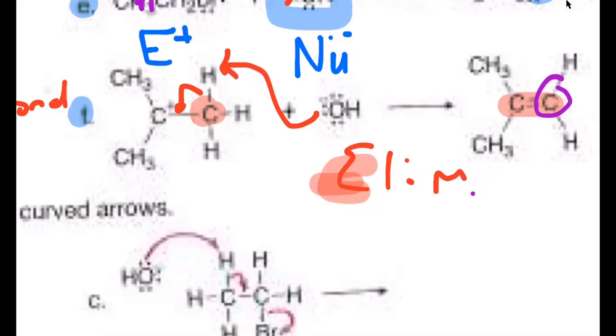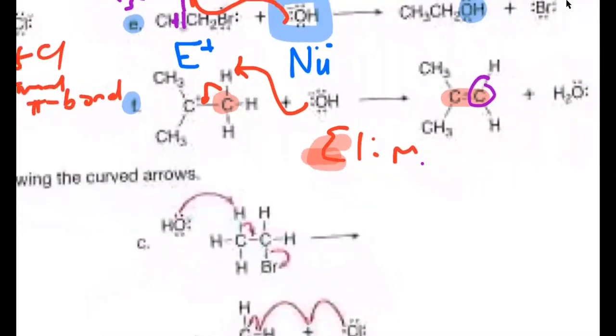All right, so the OH comes in, plucks off the proton, and then the electrons from the CH bond are used to make your pi bond. This process, even though it's not listed as one of our reaction types, we're going to talk about it.